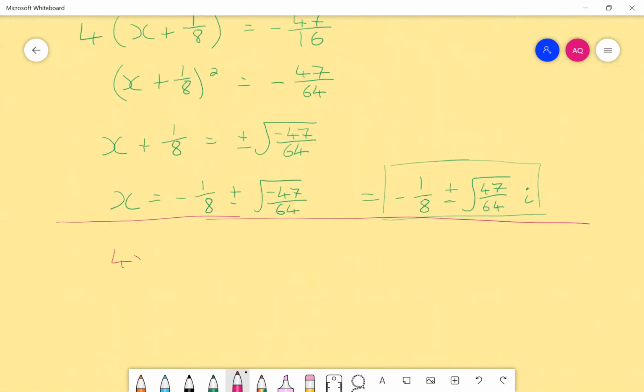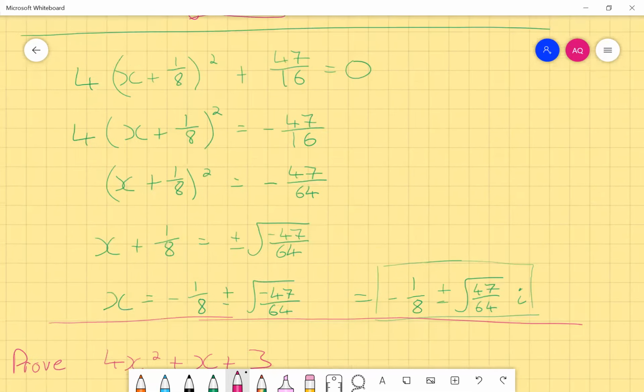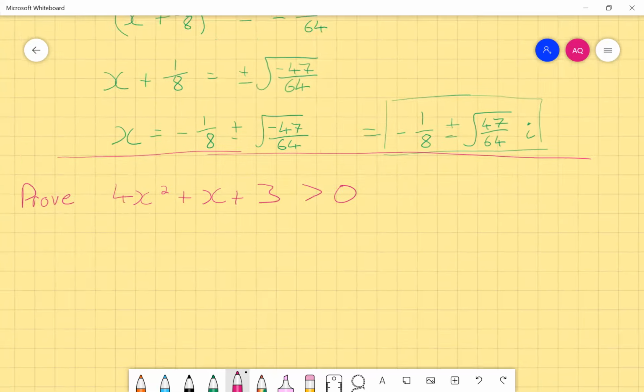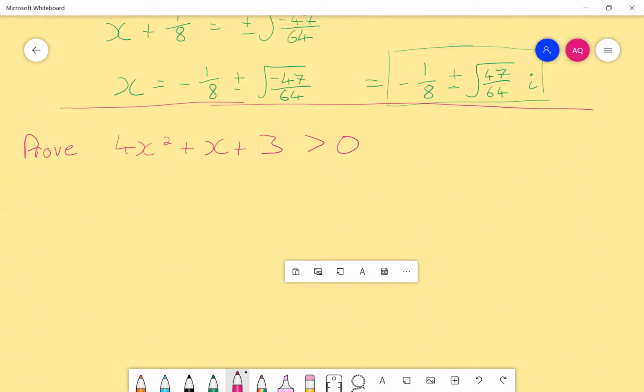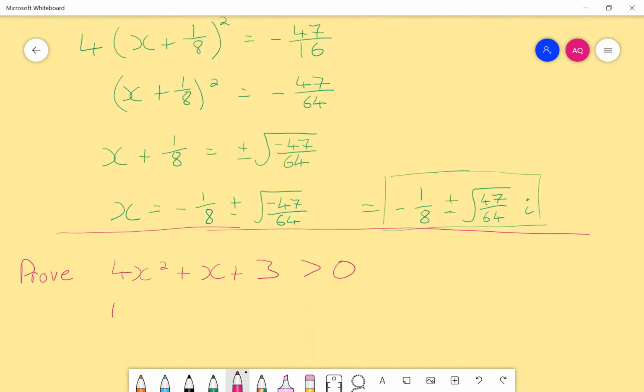If we had to prove that 4x squared plus x plus 3 is always greater than 0, that might look like a hard thing to do. But once we've found our completed square, sorry, I need to go up and get that as well. So that's 4 times this, and then you would have plus.